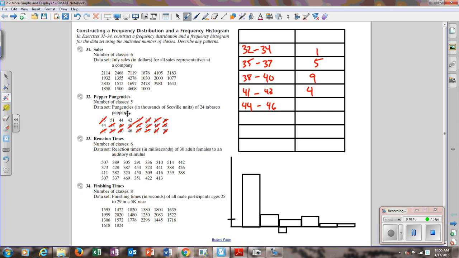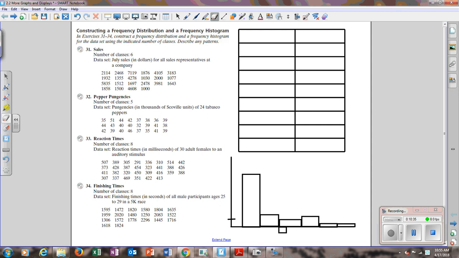And 44 to 46. See the problem? There's a 51 in there that I missed. So it makes the entire thing wrong. Definitely try not to miss a number. It blows the whole thing up.